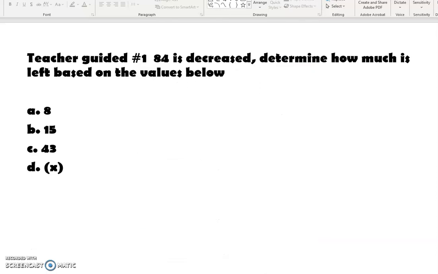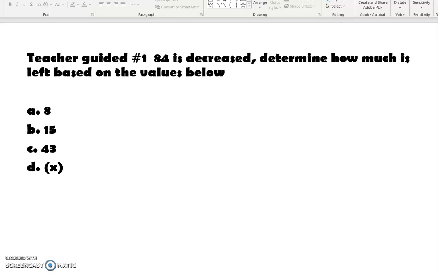As we read through the example, we want to be thinking about what is this telling me to do? How can I determine the correct operation? So in this first example, we're told 84 is decreased, and we want to determine how much is left based on the values below.